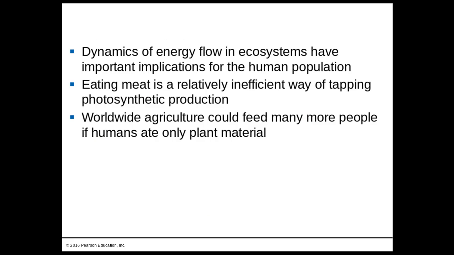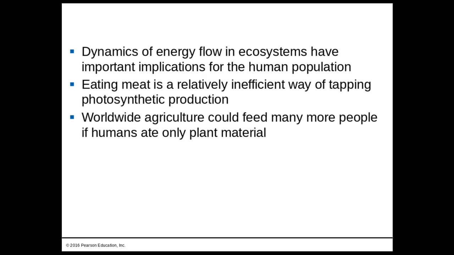This has an important impact on us as humans because if you think about humans, we typically fall in the tertiary or quaternary consumer level of the ecological pyramid. But if you think about what we are able to eat, as we are omnivores, we can eat plants and animals. You can see from this pyramid that eating meat is not the most efficient way of getting energy.